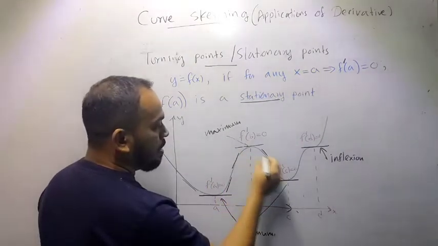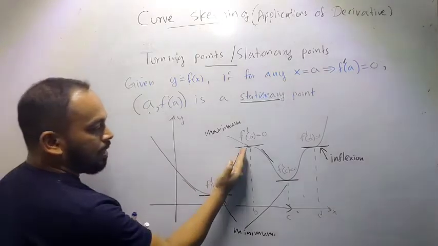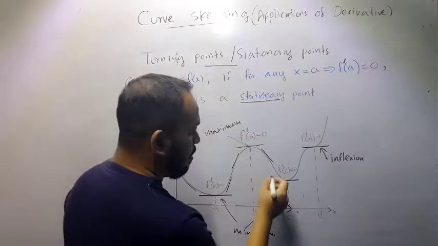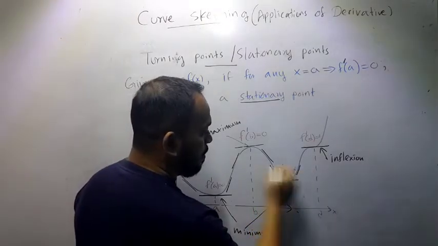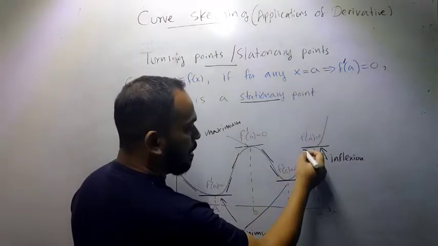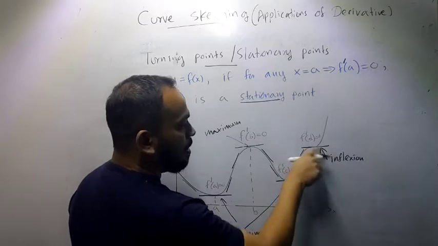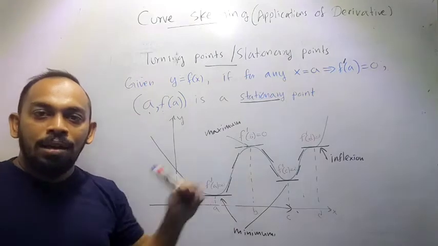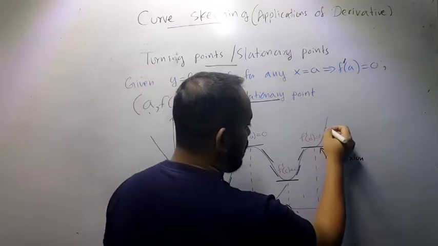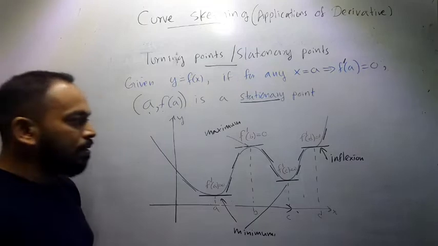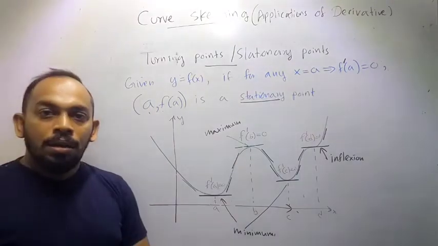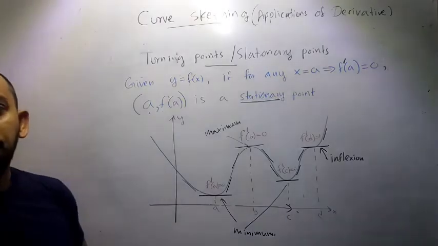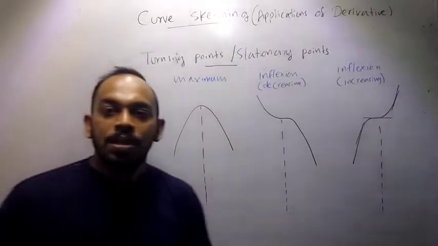Our line segments are like this, increasing, decreasing, so it curves like this, the same way. But here, what happens? The sign of the directed line segment does not change. It does not change at a point of inflection. That's how we distinguish. We'll talk about this in detail soon. So these are the shapes.